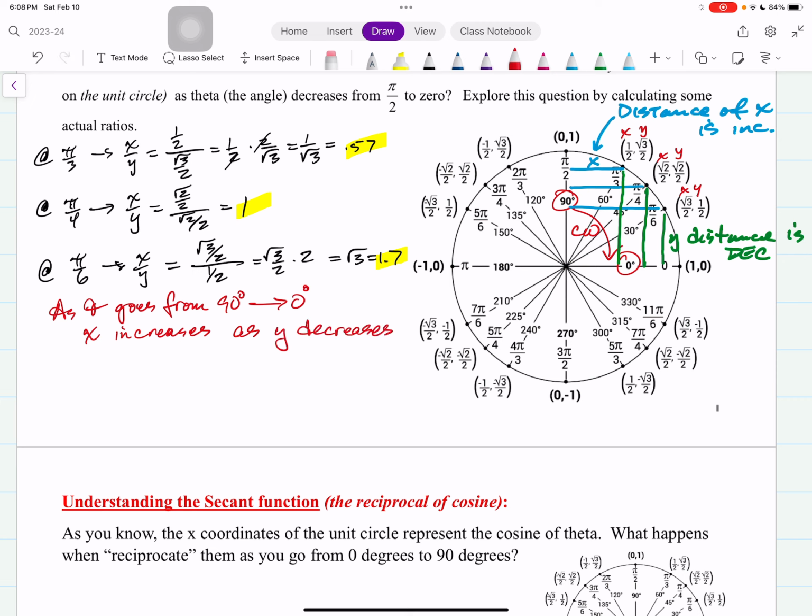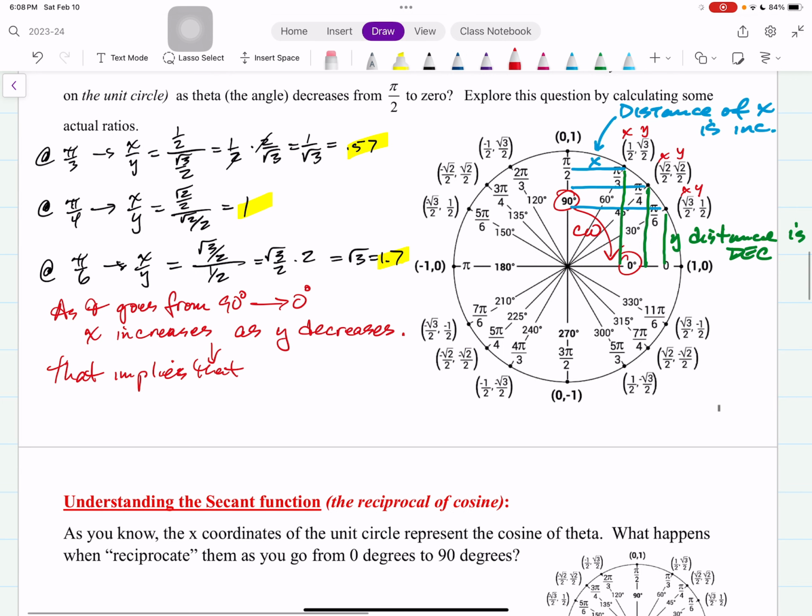You've got to ask yourself, why is that important? That implies that the ratio, which is x divided by y, so again, x is getting bigger, y is getting smaller, the ratio of x to y is getting really big.